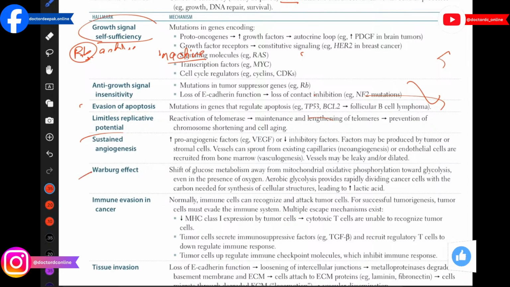We use this process in PET scan. In PET scan, we give radio-labeled glucose.